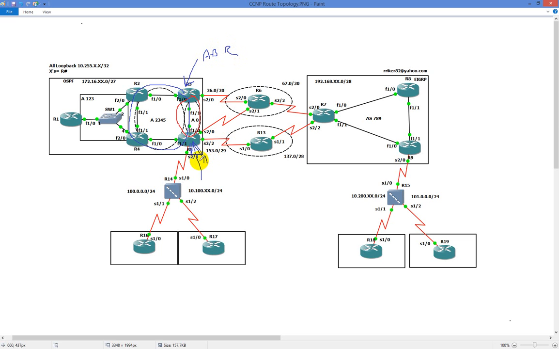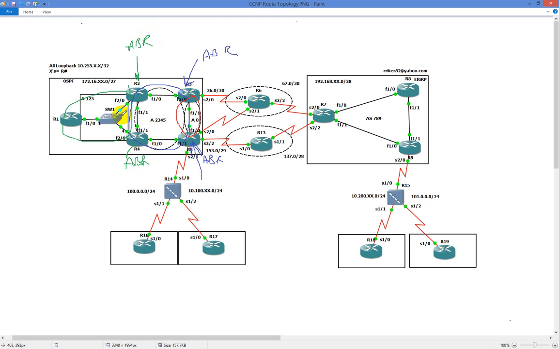Same thing with this guy, ABR. And we'll go to green here, we're going to run area 123 here. So then router 2 and router 4 will be ABRs. And then this one over here is going to be an ABR. So that's how we'll get that going.